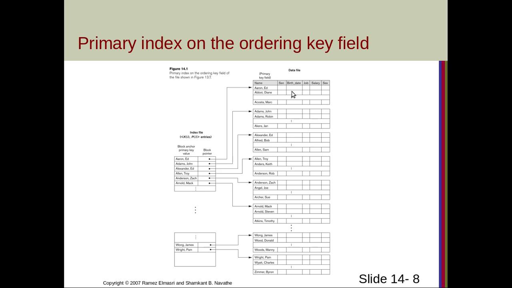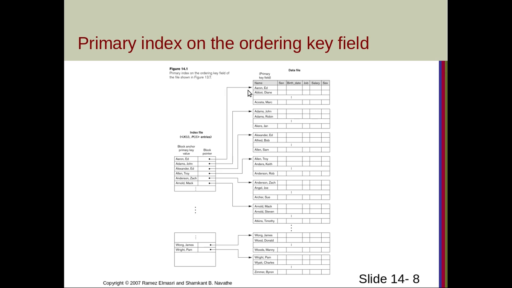That means in a block you can have multiple records, and in the index file, the first block's anchor record, or first record, has the name Aaron Ed, and that entry is there in the primary index with a pointer to the first block.